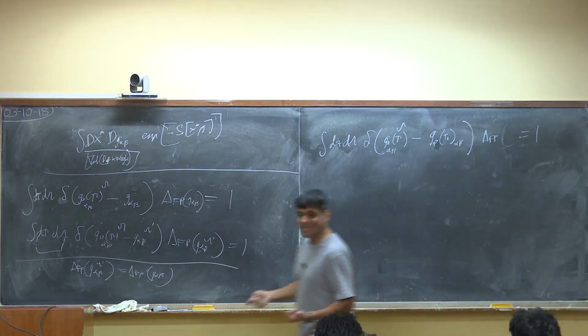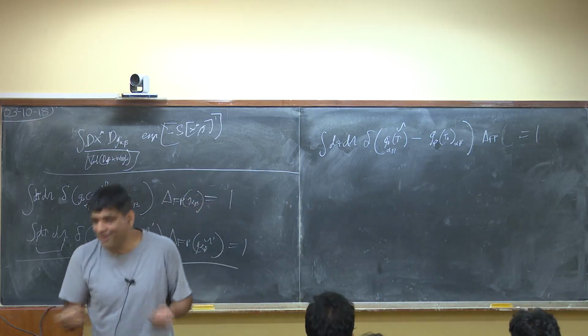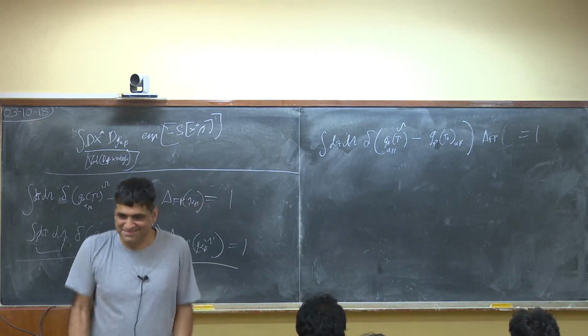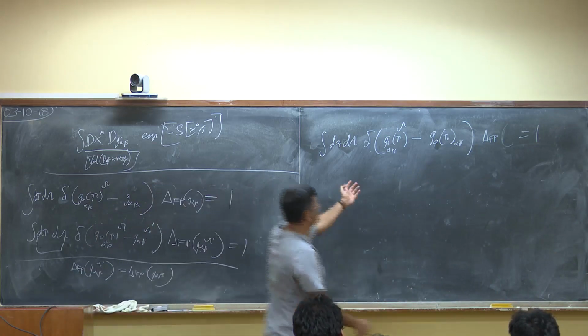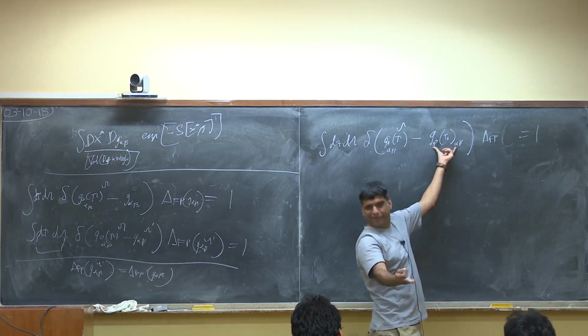Now it's clear that this delta Fp can only depend on tau, so tau naught in this case, because it depends on this G0 substandard form.